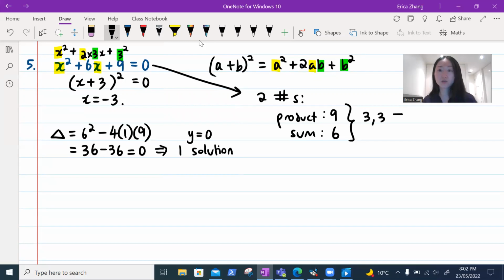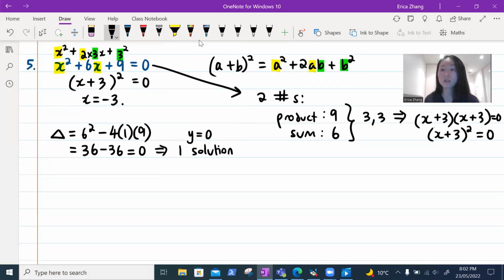So this would have told us that we could rewrite our equation as x plus 3 times x plus 3, which is equal to 0, or equivalently, x plus 3 squared is equal to 0. But recognizing the perfect square did save us some time.